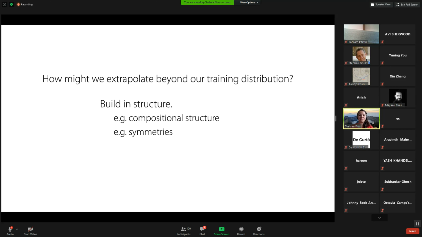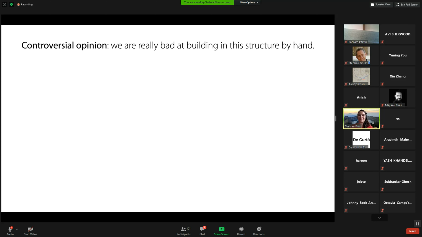Then the key question is, how do you actually build in the structure? One very natural approach is to try to build it in by hand. This is very natural because it seems like we're very good at generalizing, so maybe we can transfer our knowledge to the model. But I'd argue that we're actually really bad at building structure into models, just like we're really bad at building feature detectors.